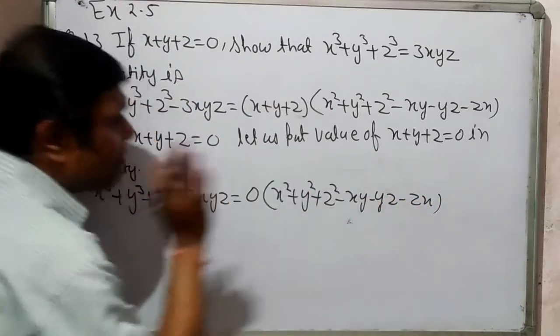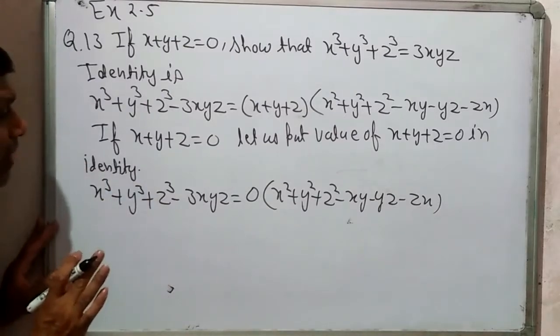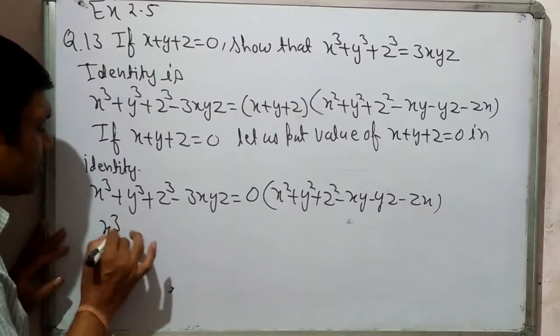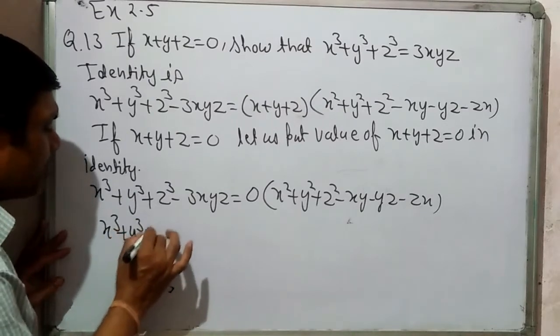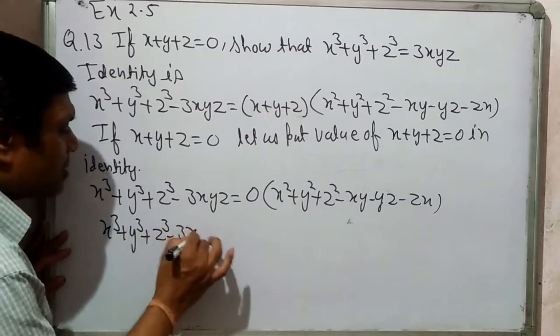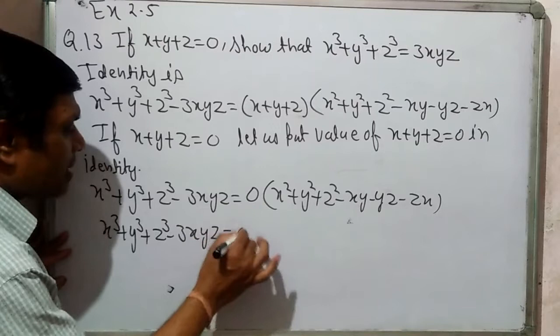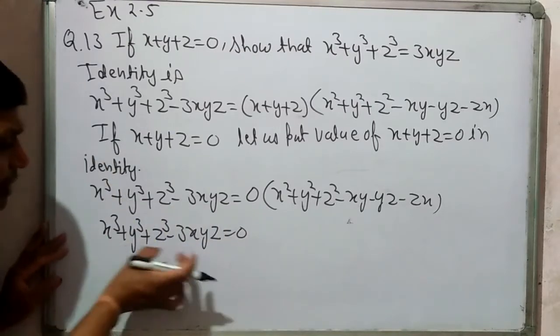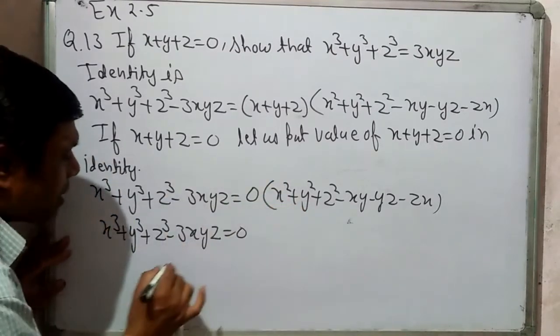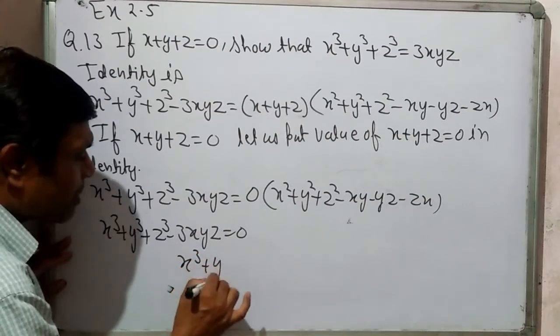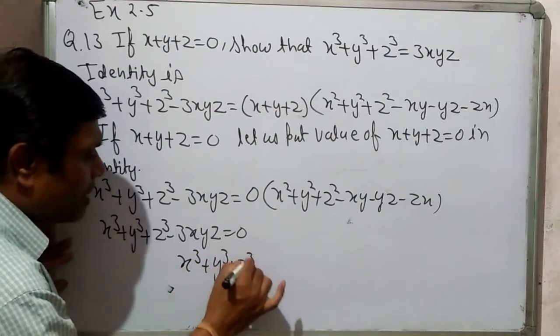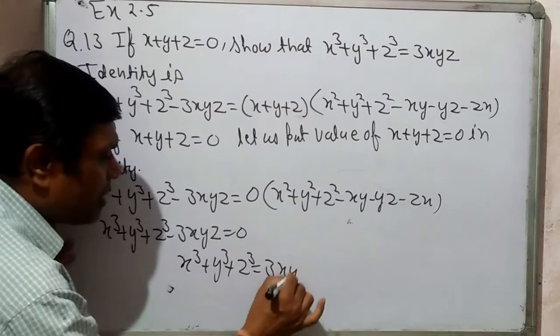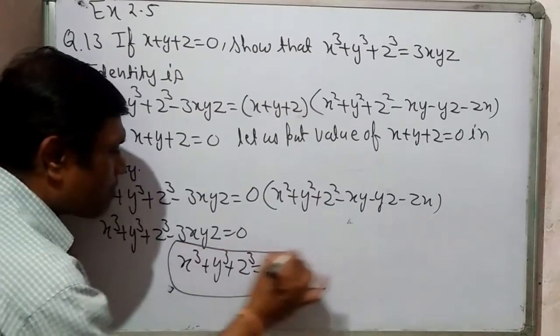Now 0 multiplied with anything is 0. That means x cube plus y cube plus z cube minus 3xyz is 0. We can transfer this 3xyz to the other side. We have x cube plus y cube plus z cube equals 3xyz.